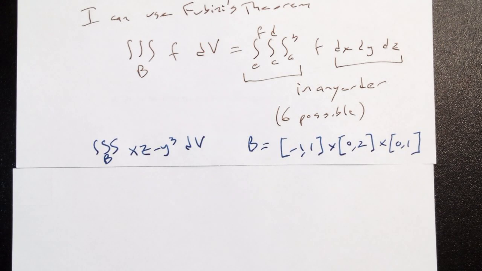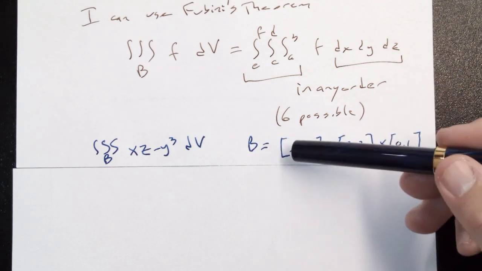I want you to do the integral of xz minus y cubed dV. What order are we going to do these in? What's your order for the differentials? Pick one. We're going to do at least two, so pick one. Like the longer they're listed at, like -1, 1. So we'll do dx, dy, dz?